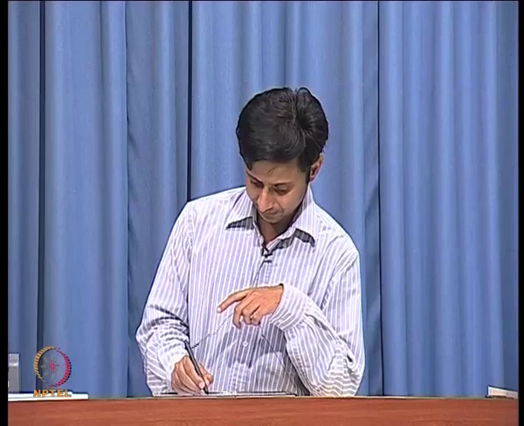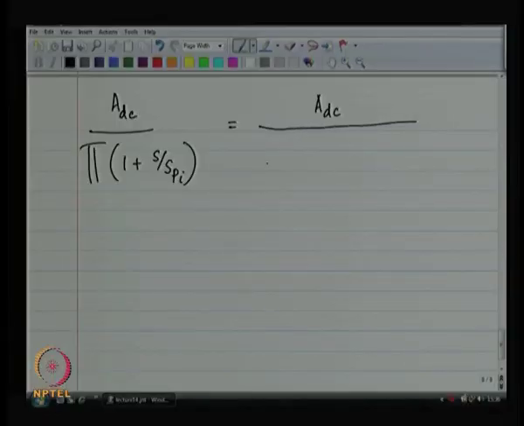and if you simplify this, then basically you get 1 as the DC term, and for the first order term you get sigma S times 1 by SPI, right.